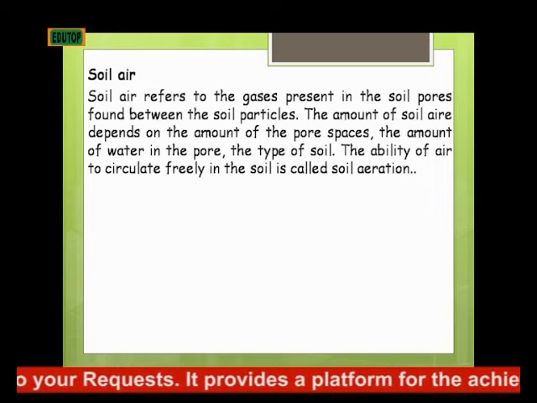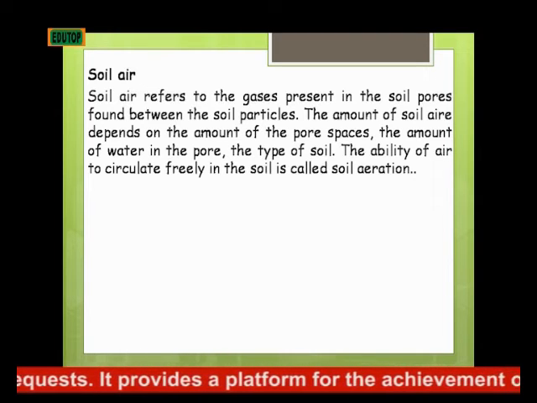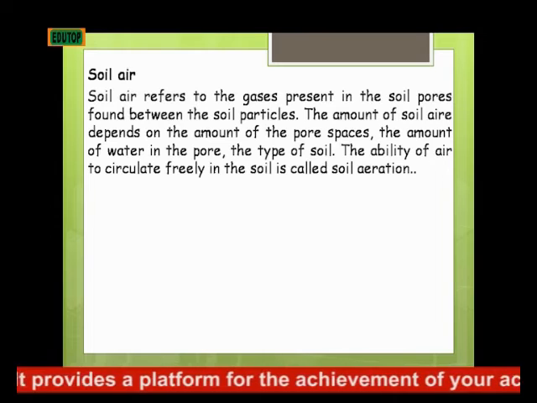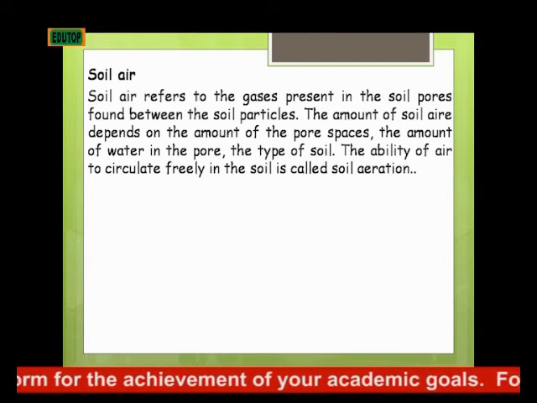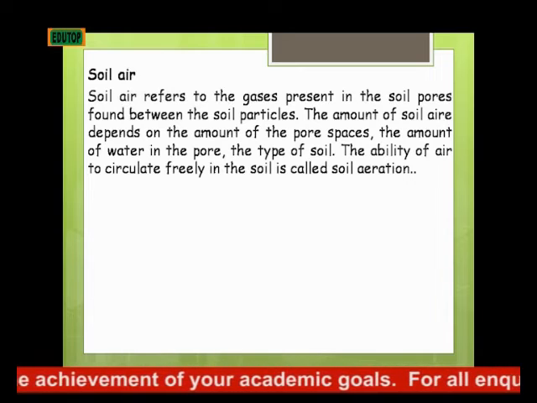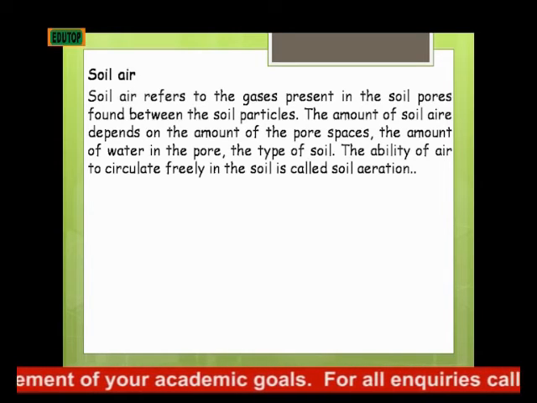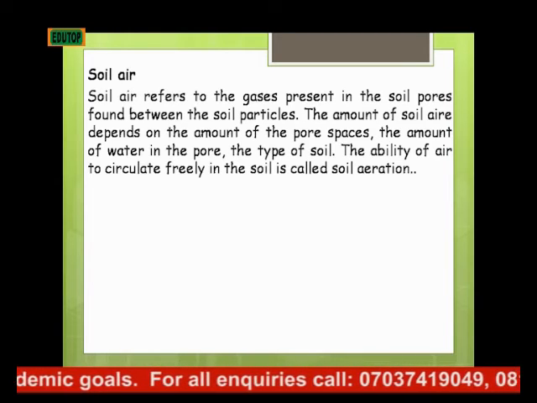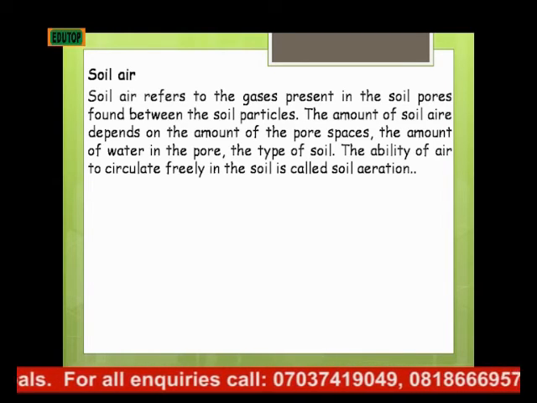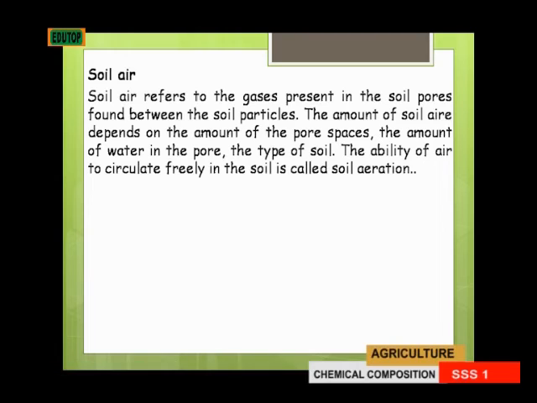If the pore spaces are filled completely with water, then there won't be air in the soil. But once the water gets drained to an optimal level, then we have both air and water within the pore space. And this also depends on the type of soil.